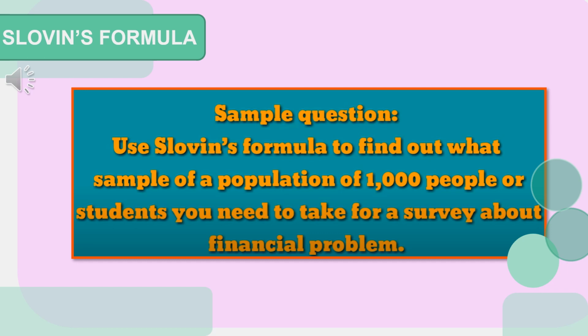Okay, so now let us read the sample problem. Use Slovin's formula to find out what sample of a population of 1,000 people or students you need to take for a survey about financial problem. If there are a total population of 1,000 students, how many samples or representative ang kailangan nyo for your survey?